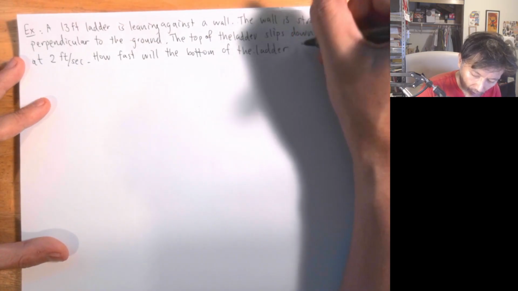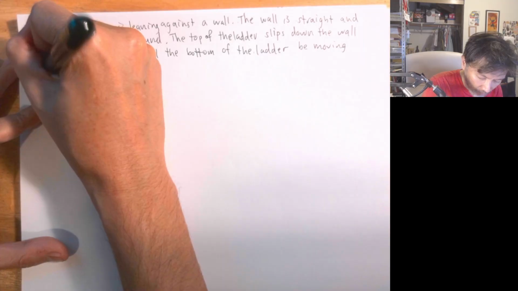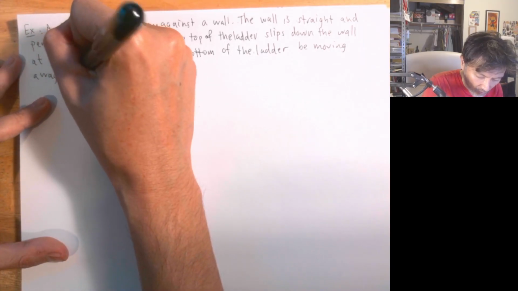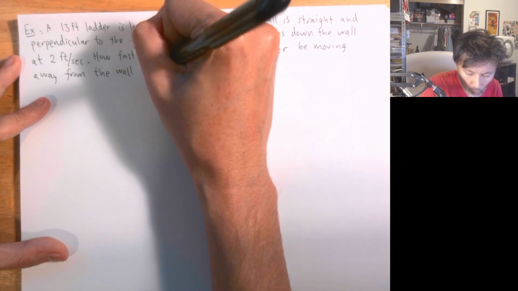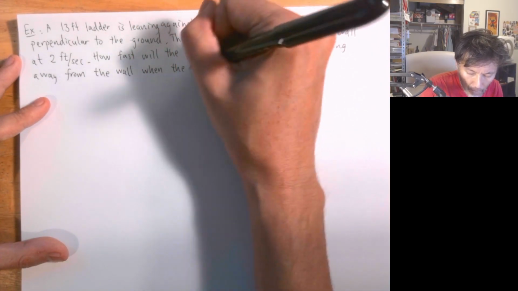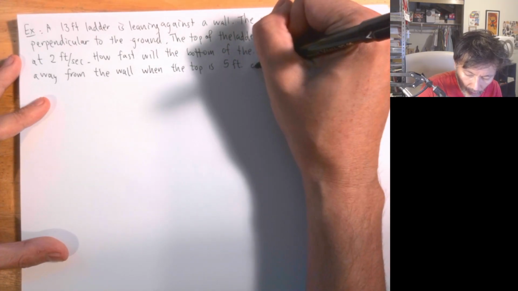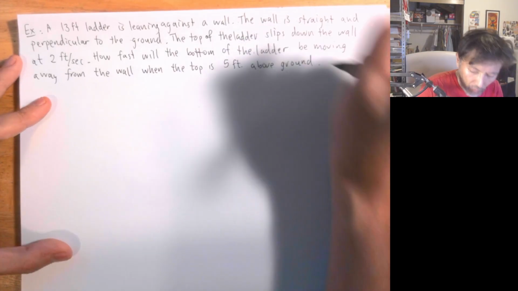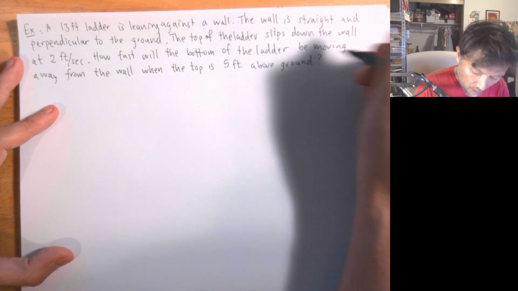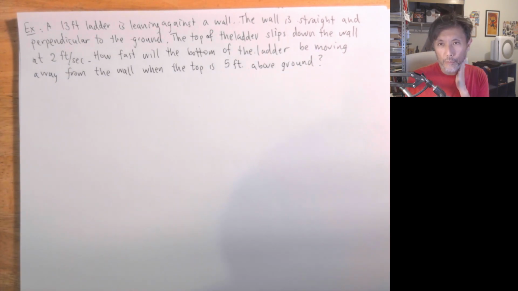Oh my goodness. When the top is 5 feet above the ground. Question mark. Well, I'm going to go fast because I've got 5 minutes. No, I've got 4.5 minutes in principle here.